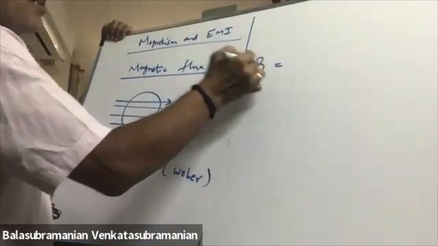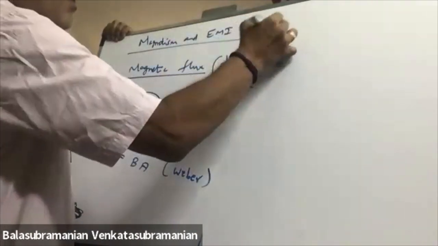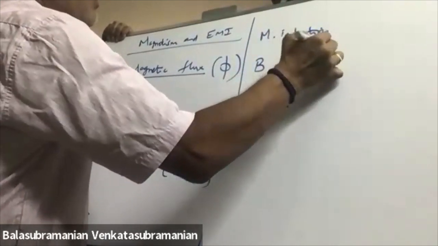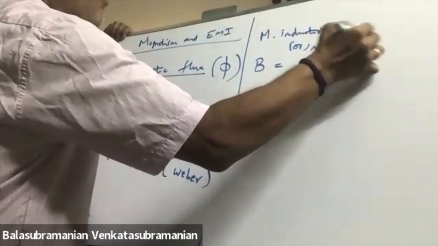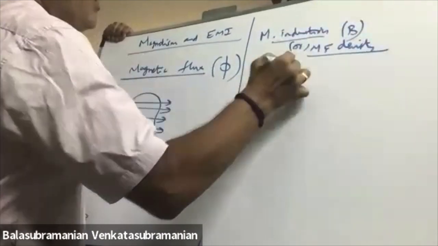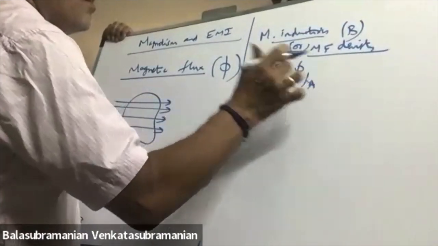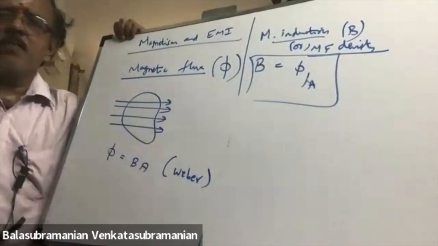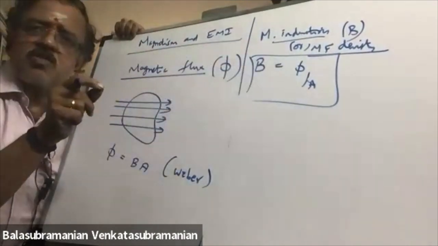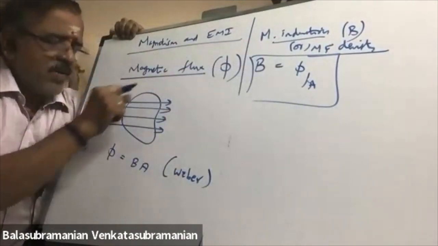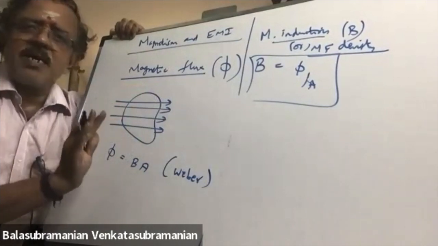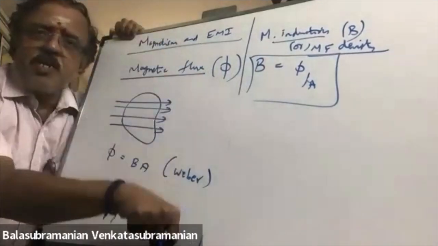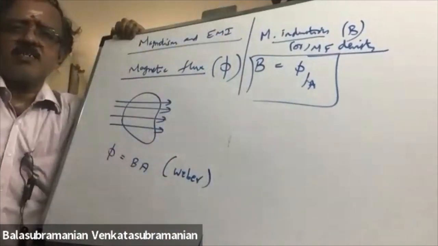Magnetic induction, or magnetic flux density, both are B. B is phi by A. You said phi is equal to BA, so B is phi by A. The number of magnetic lines passing through a given area is called magnetic flux. The number of magnetic lines per unit area means magnetic induction.